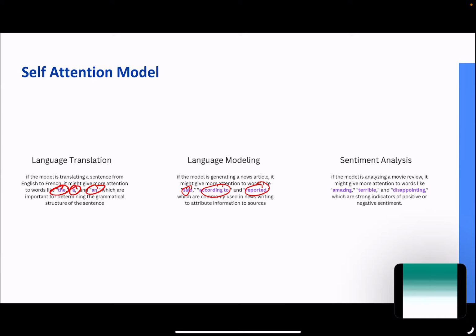And if we consider sentiment analysis as a scenario, then we can give more attention to words like amazing, terrible, disappointing, because these are more important words for sentiment analysis, like negative, positive, or neutral, based on user feedback.